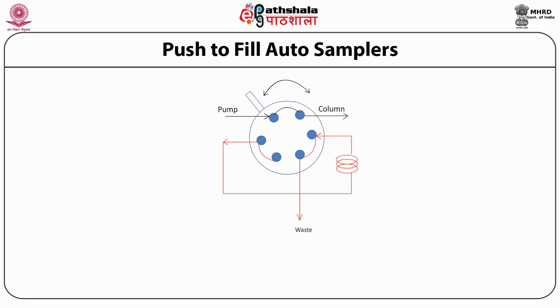The sample content is then pushed by the metering pump into the sample loop. When the valve again changes the configuration, the mobile phase now flows through the sample loop into the column, and the sample is also pushed into the column under the high pressure of the mobile phase flow.